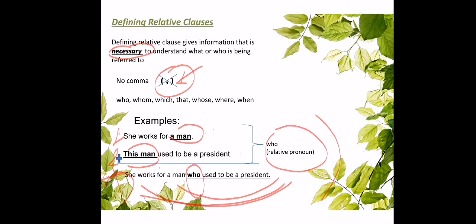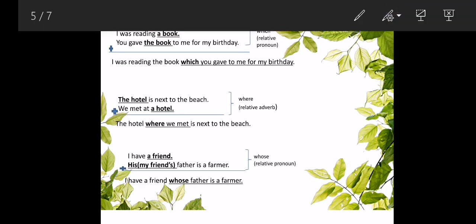Okay, another example. I was reading a book. This is our first sentence. You gave the book to me for my birthday. This is our second sentence. And we will make a longer sentence with a defining relative clause. Here is our sentence. I was reading the book which you gave to me for my birthday. Which relative pronoun did we use?